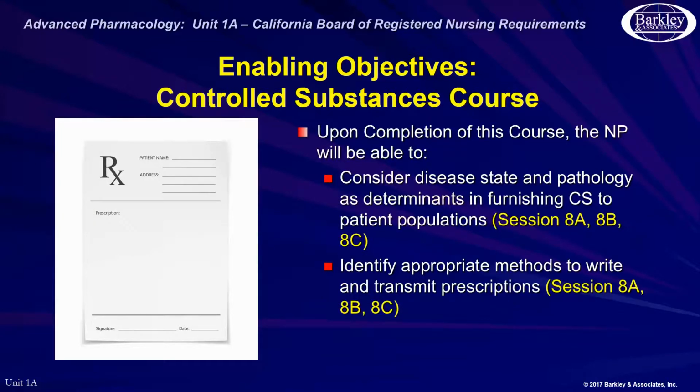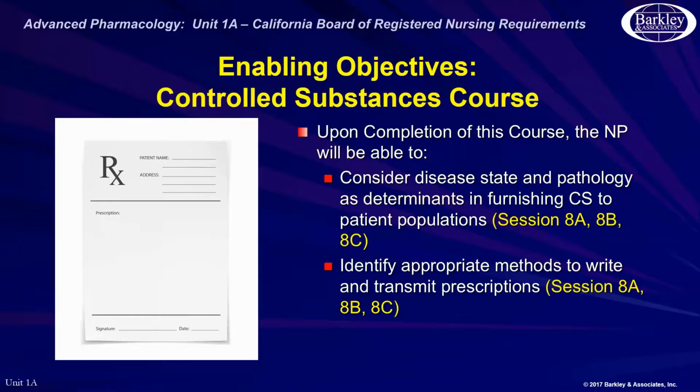Another enabling objective that the student will be able to understand and grasp upon completing this course is that the student will be able to consider the disease state of the patient and the pathology as determinants in furnishing controlled substances to patient populations.